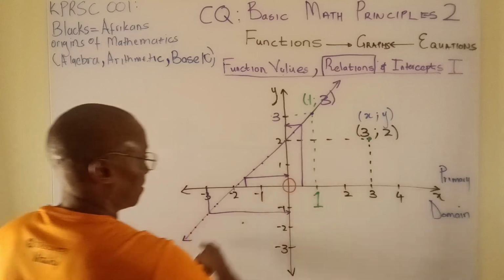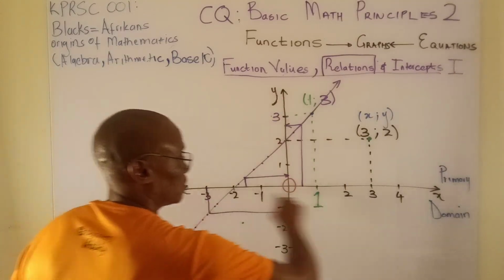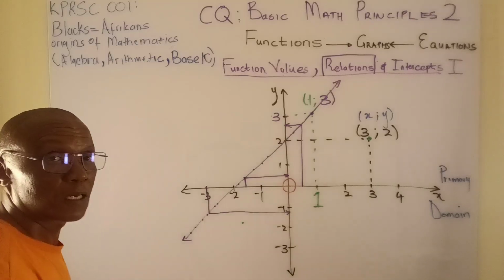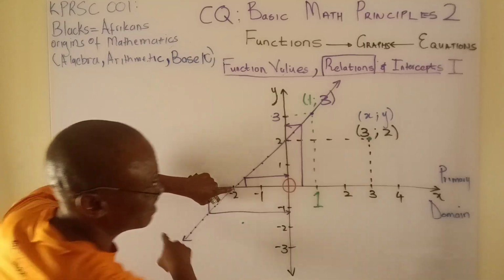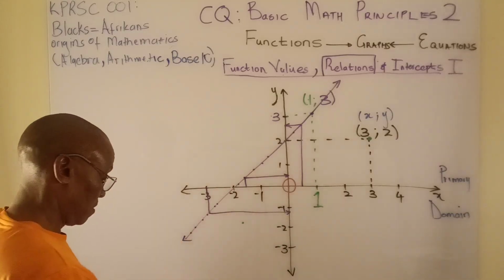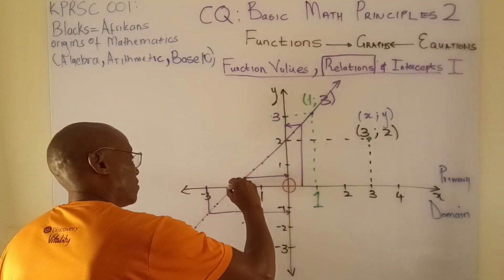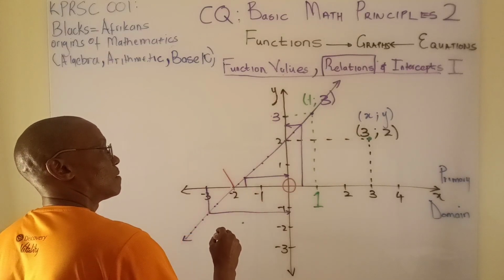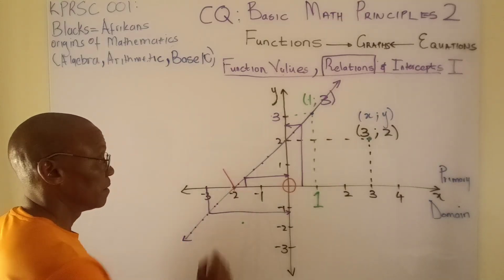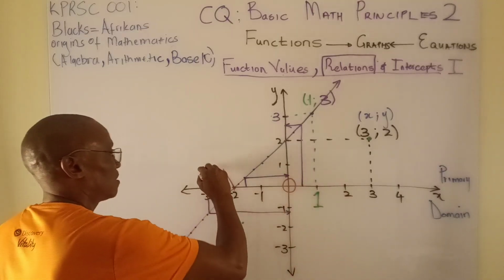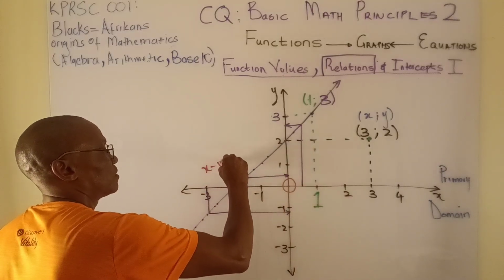When I drew this line, our axes were there. And when this line started cutting the x-axis, the primary axis, let's say here, right at this point, it's a point on the line. But because it cuts the x-axis, we call it the x-intercept.